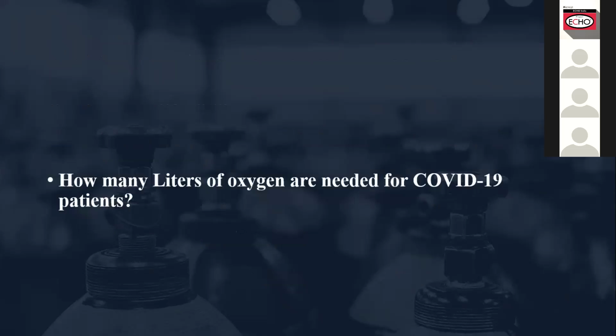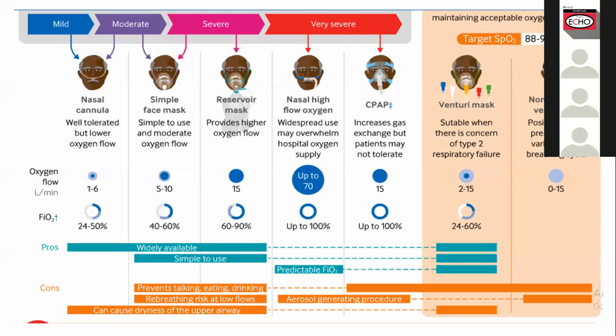So regarding how many liters of oxygen you need to give for COVID-19 patients, let's see on the next slide. You generally need to give oxygen, as you have seen from the previous slides. In the general population, when they are desaturating below 92, you need to support them with oxygen.